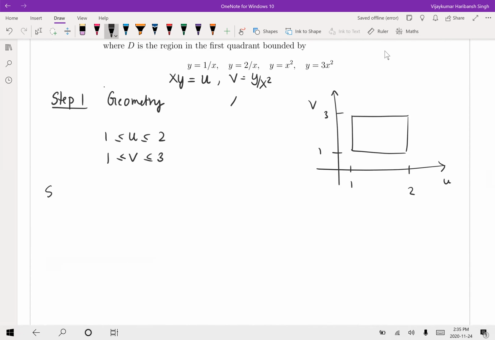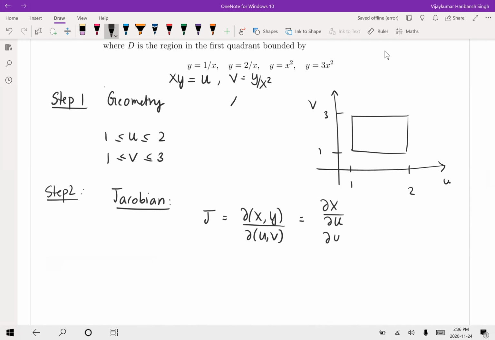Step 2 is, let's compute the Jacobian. We want to compute J, which is the partial derivative of x, y with respect to u, v, that is x with respect to u, y with respect to u, x with respect to v, and y with respect to v.